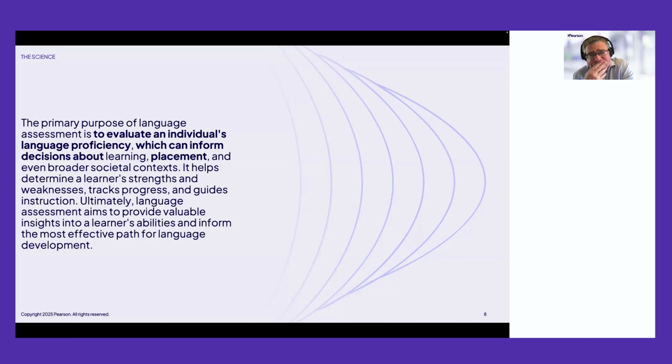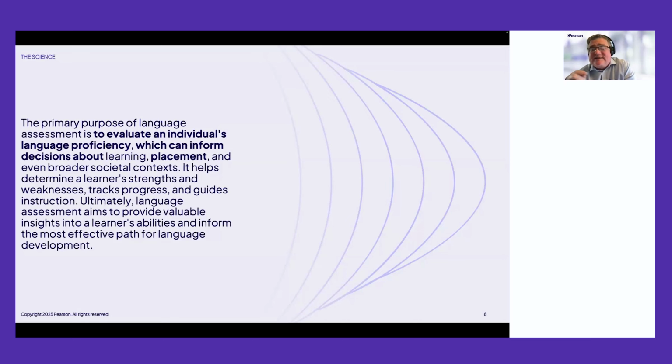Fine, we got that. Which can inform decisions. Now, this is slightly different, this is the kind of why. It can inform decisions about learning, placement, and even broader societal context. It helps determine a learner's strengths and weaknesses, tracks progress, guides instruction.